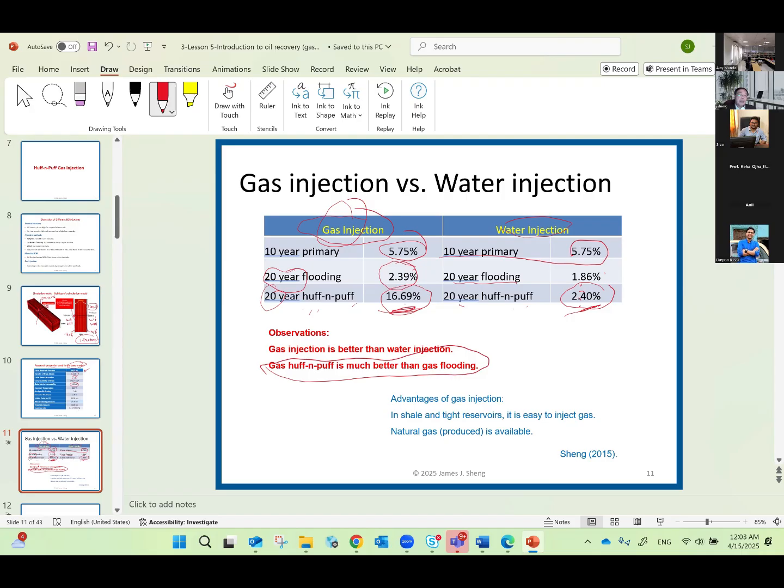Gas injection, gas flooding, oil recovery much higher than water flooding. In other words, gas injection is better than water injection. Okay, so therefore, based on these simulation results, we can see Huff-n-Puff is a good method for shale.